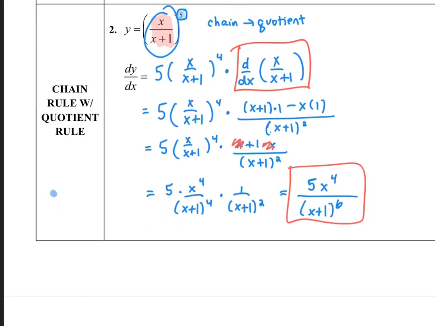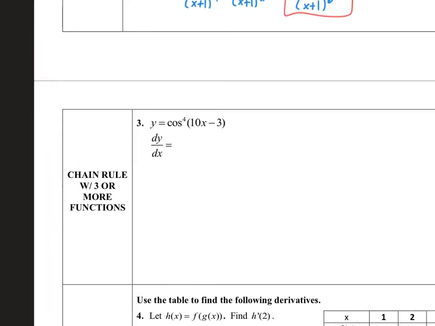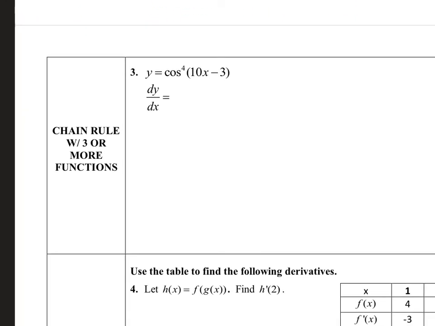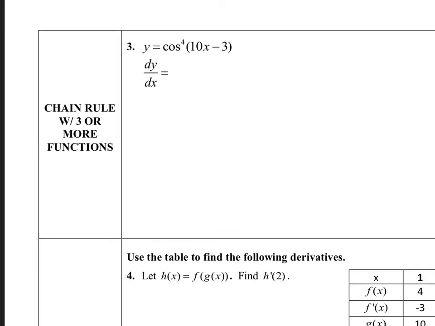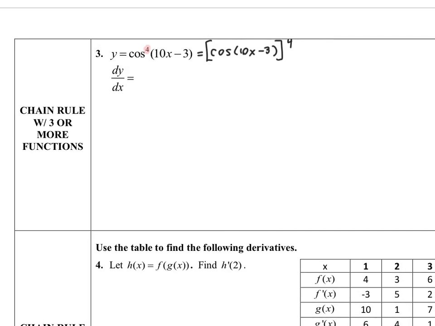Next we'll look at a problem where we have multiple iterations of that chain rule. So we've got 3 or more functions. The first thing I would say on this one is relocate that power right here and just write it on the outside. And when you do that, you can see that you have a function that's inside of another function that is inside of another function.